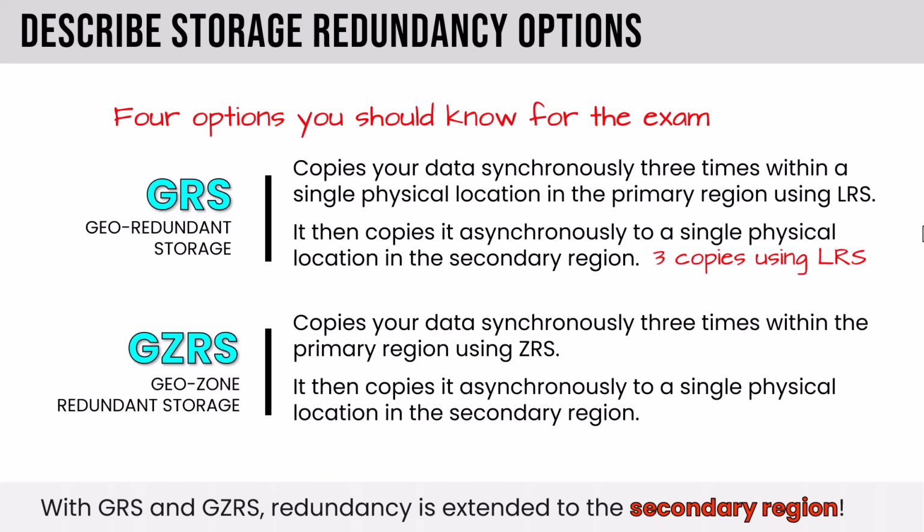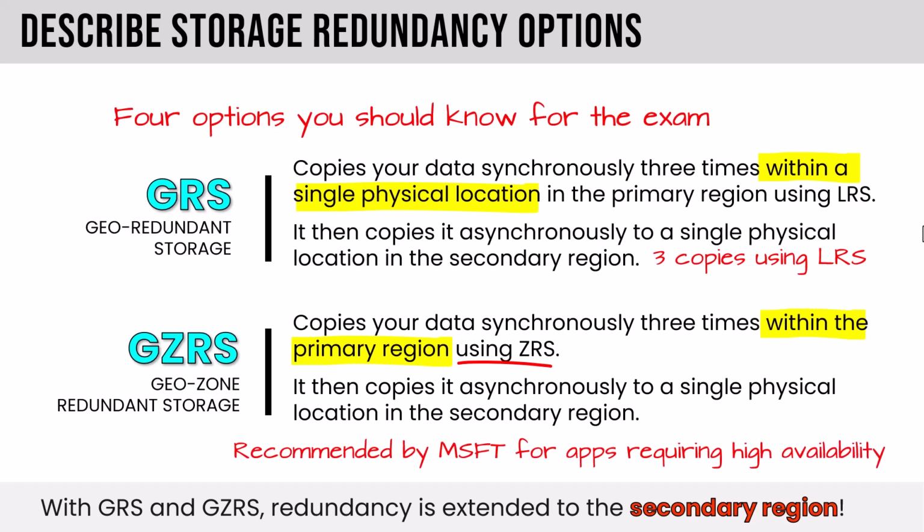So with both GRS and GZRS, our redundancy is extended to the secondary region, but it's that extra physical protection of the availability zones that makes a difference. So with GRS, we're copying within a single physical location, where with GZRS, we're copying within the primary region using zone redundant storage. And that's why Microsoft recommends GZRS for apps requiring high availability.